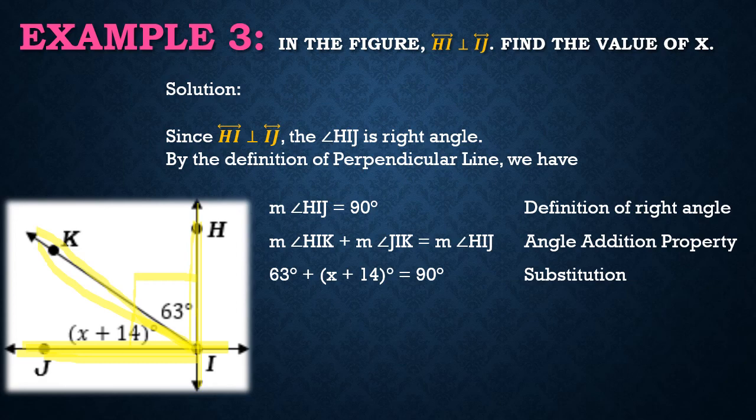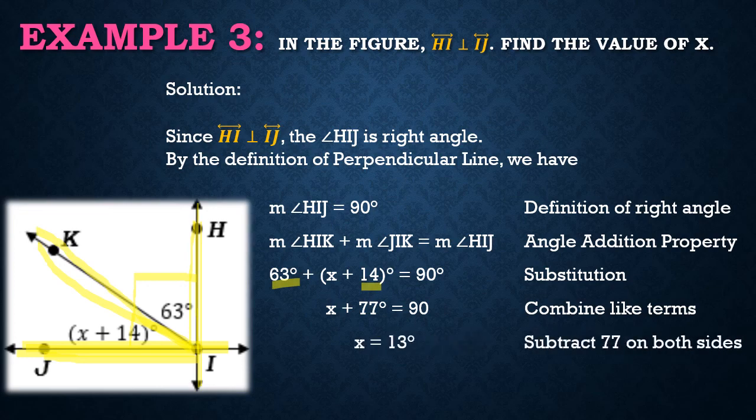So 63 degrees plus x plus 14 should be equal to 90. That is by substitution. And then we are going to combine like terms. So x plus 77, because 63 plus 14 is 77. And then we subtract 77 on both sides to get the value of x. So x is equal to 13 degrees. Therefore, the value of x is 13 degrees.